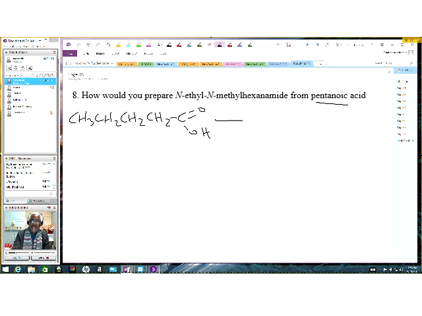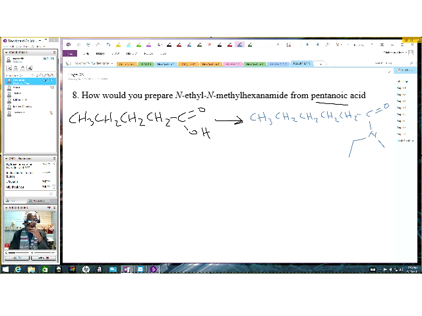And they want you to start with pentanoic acid and make this molecule here, the N-methyl N-ethyl hexanamide. Okay, that is what they wanted to make.